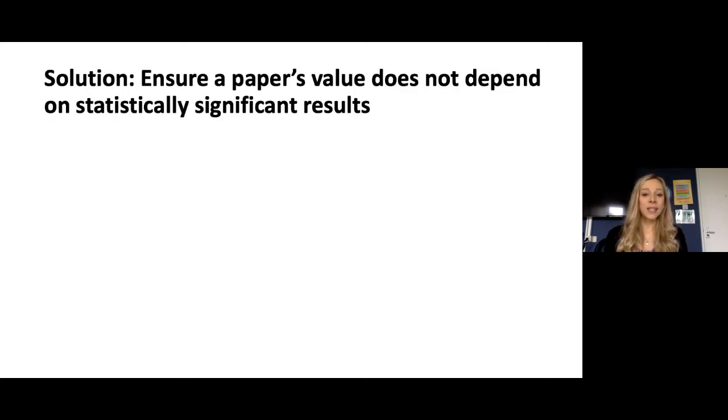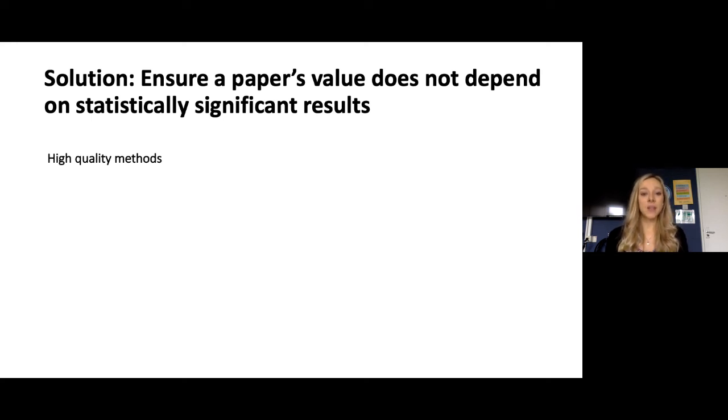So to address this, I think we can take steps to ensure that the value of a paper doesn't depend on having statistically significant results. And there are a number of ways that we can do this. Firstly, by adopting high quality methods, we can increase the likelihood that our paper will make a valuable contribution regardless of the findings.